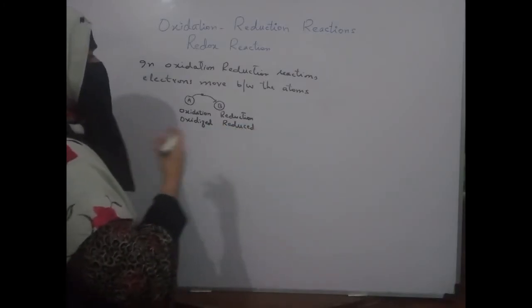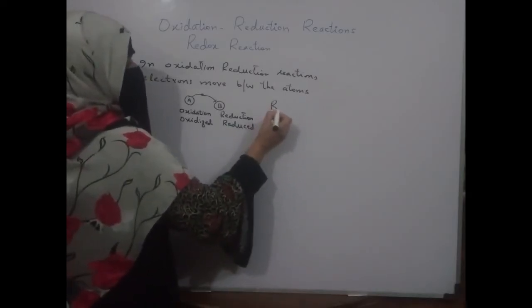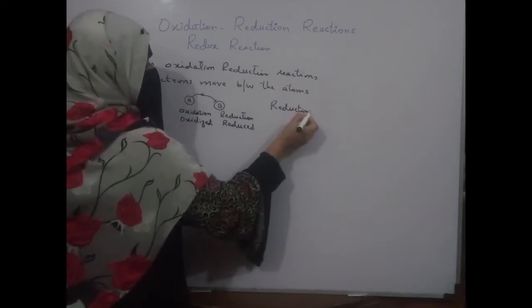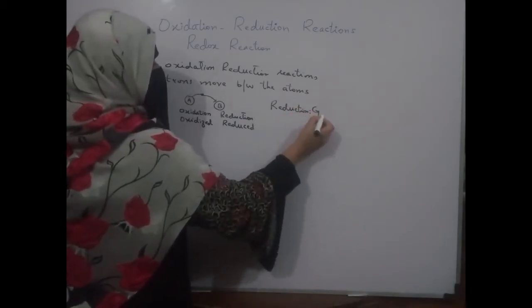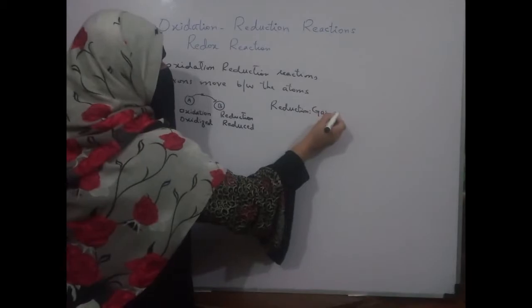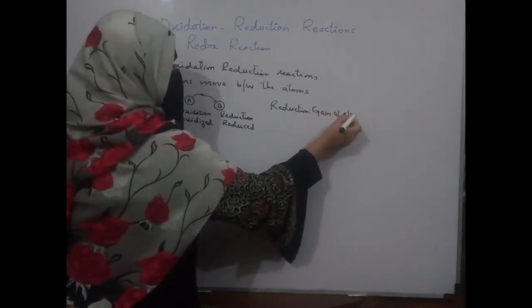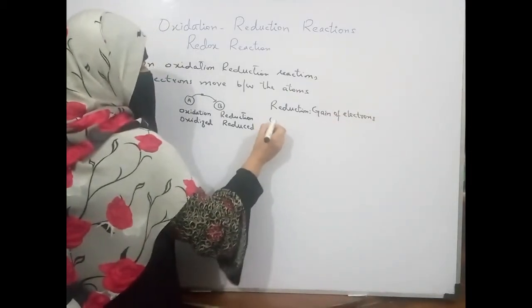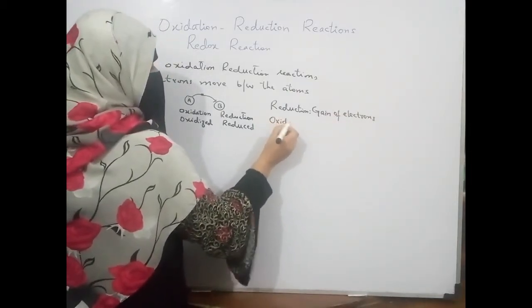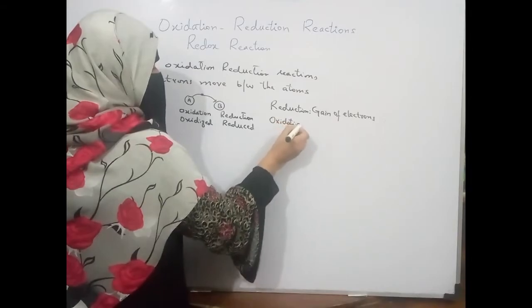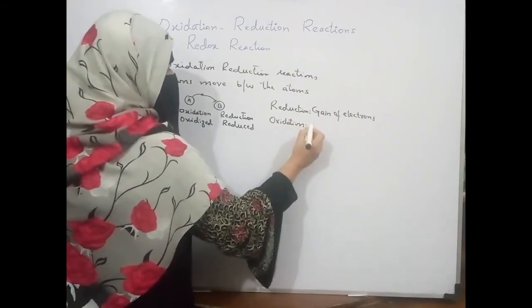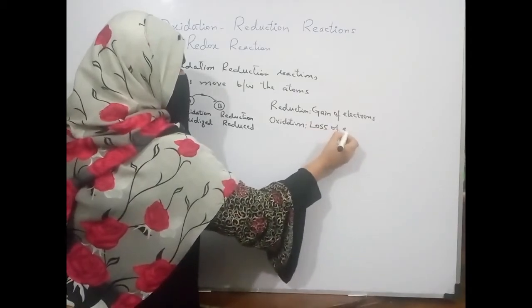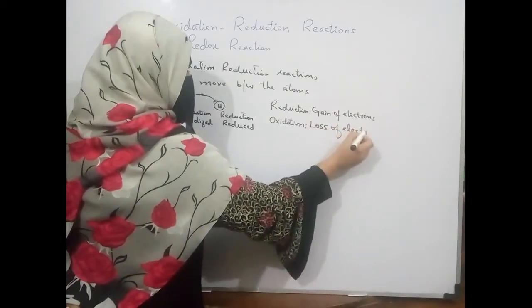So we can conclude that reduction is gain of electrons and oxidation is loss of electrons.